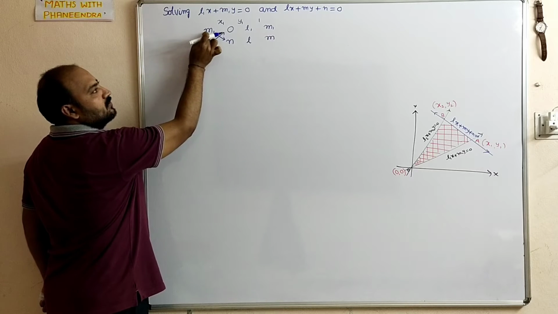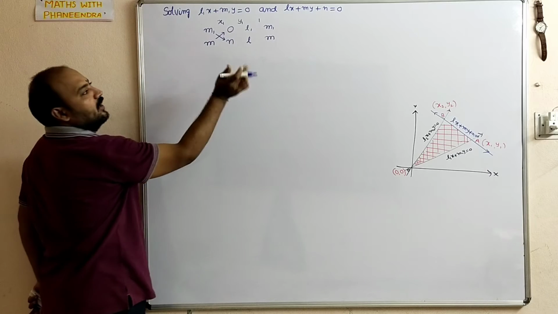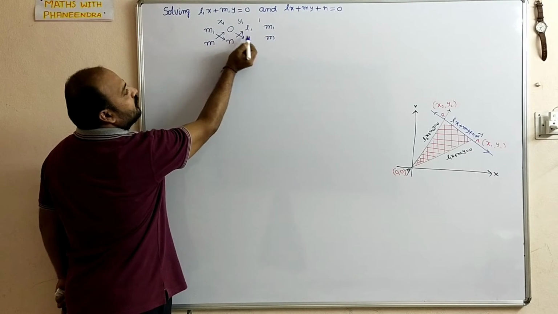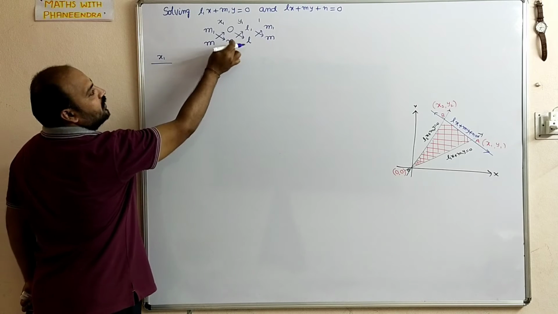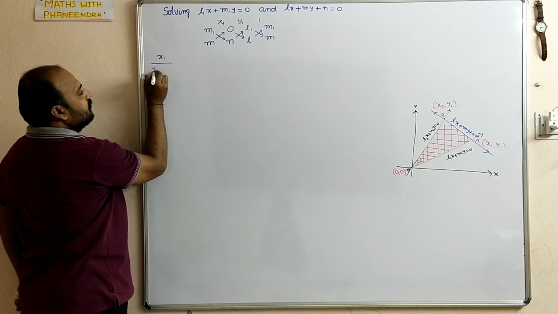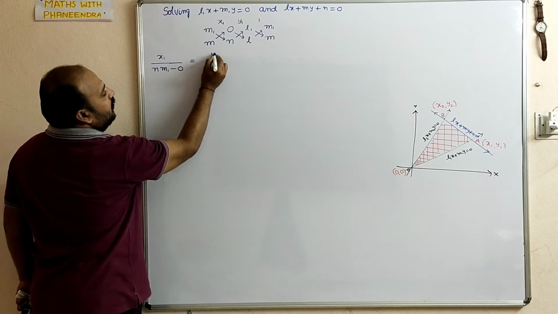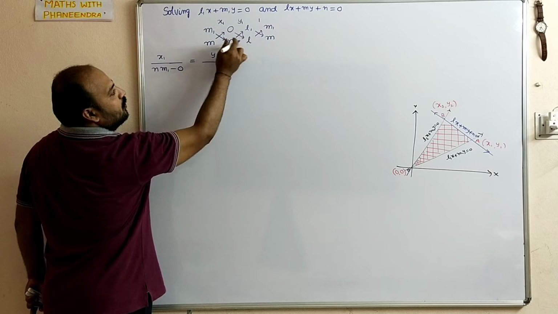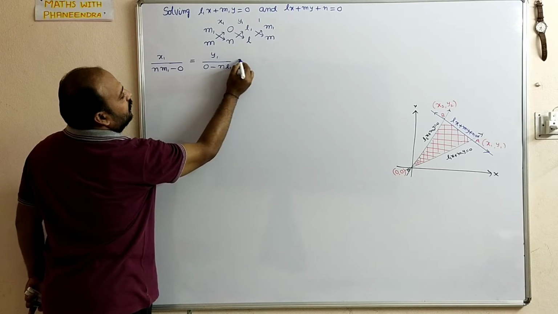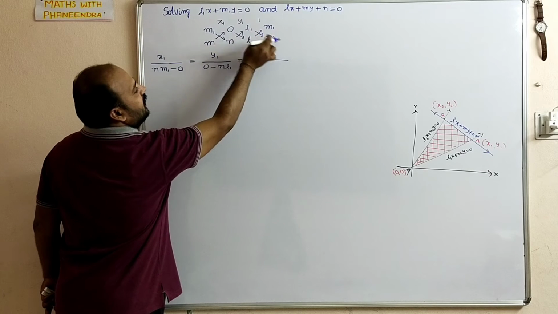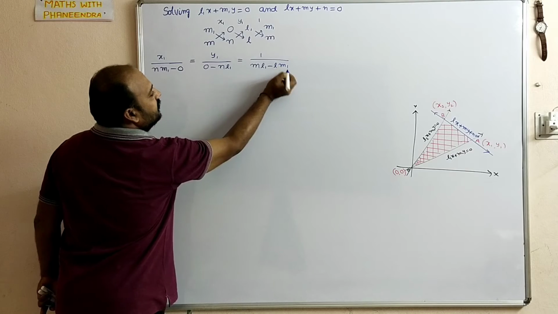After that, if you assume m1 0 m n as a 2 by 2 matrix, whose determinant you can calculate simply. So x1 divided by n m1 minus 0, y1 divided by 0 minus n L1, 1 divided by m L1 minus L m1.